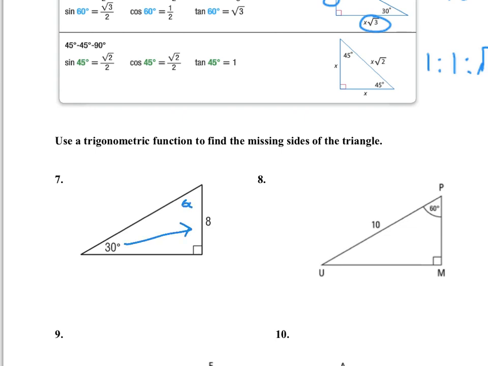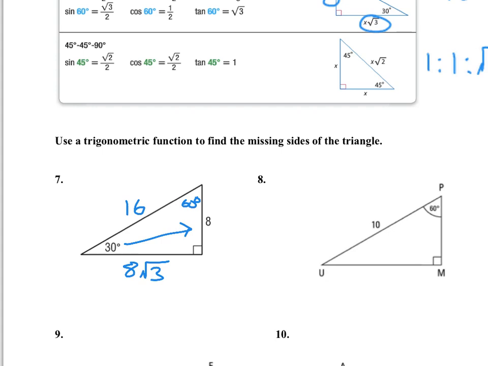The 60-degree angle is obviously here because all angles have to add up to 180 in a triangle. So the long leg is the short side multiplied by radical 3, and the hypotenuse is the length of the short leg times 2. So that's the ratio 1, rad 3, 2, with everything multiplied by 8.